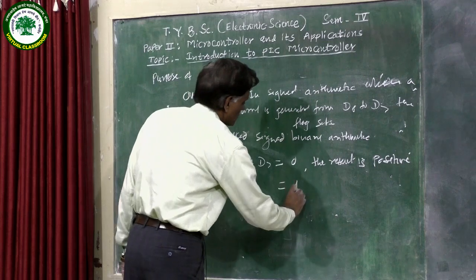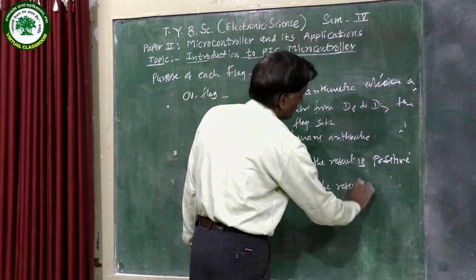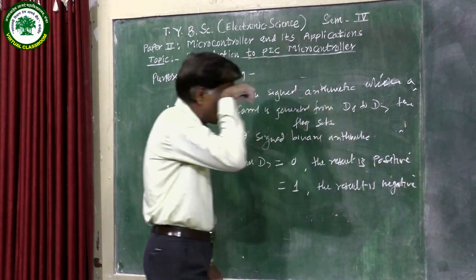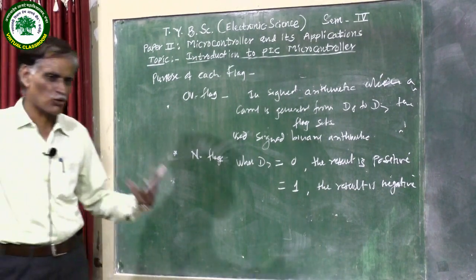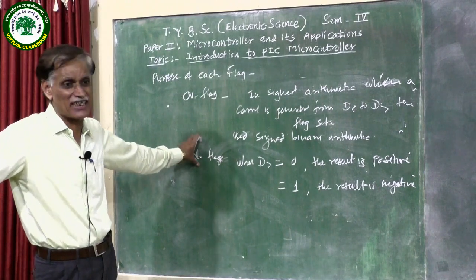And whenever it is 1, it indicates that the result is negative. Whether the result generated by the ALU is positive or negative, that will be internally reflected inside the flag. We are calling it the negative flag.